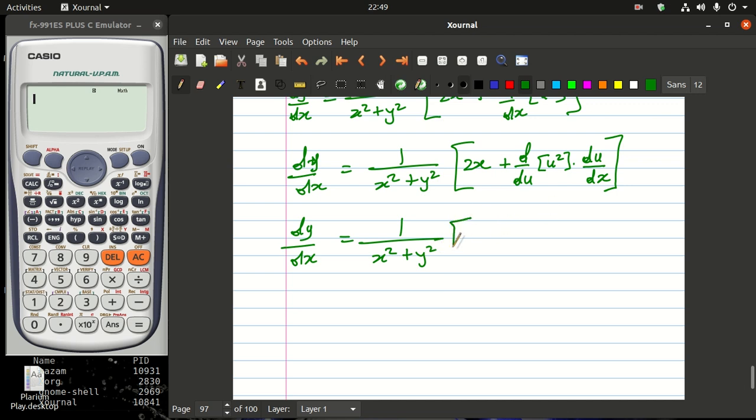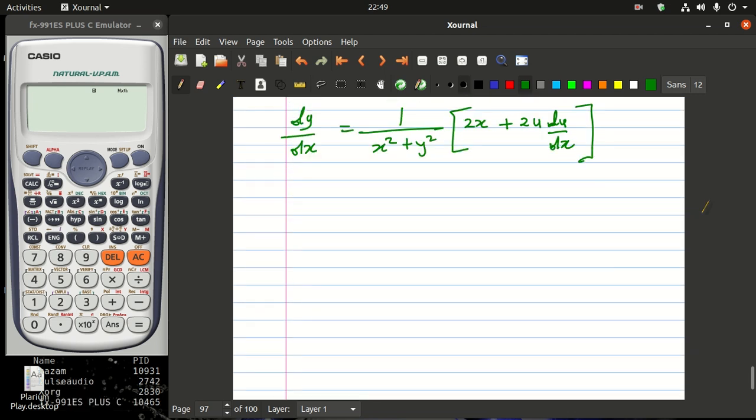Inside here I'm still going to have 2x, plus the derivative of this with respect to x, which is something nice, u and u. So I'm going to end up having 2u here, times du with respect to x. At least now everything is working in order.